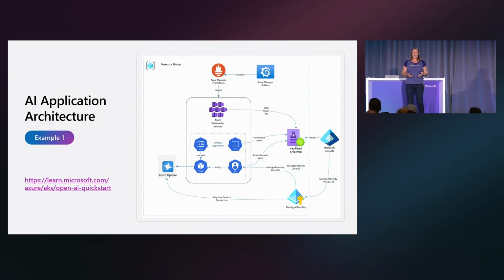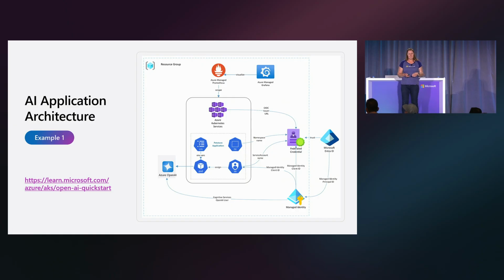So I mentioned that the AI services are just one little part of your application. Let's take a look at what it means when someone says that they're going to deploy AI into their organization. And by AI, I'm talking about custom-built applications that have an AI component in them, not AI as a service like our copilots. Here's one example, this Azure OpenAI service. We've got some containers in there.